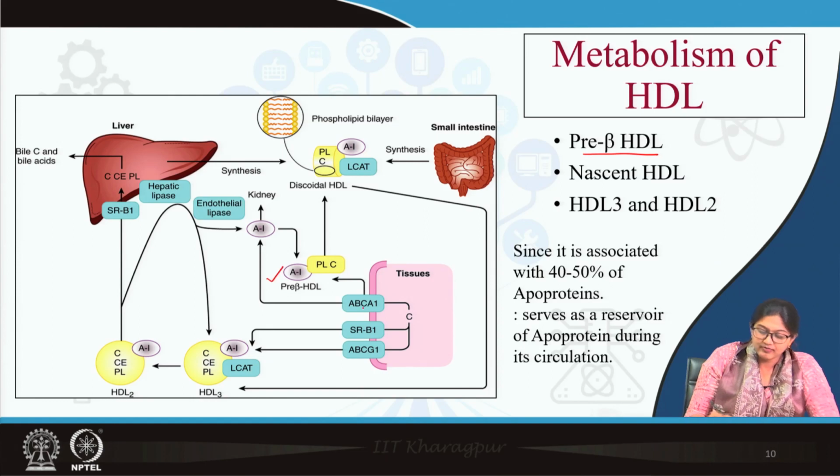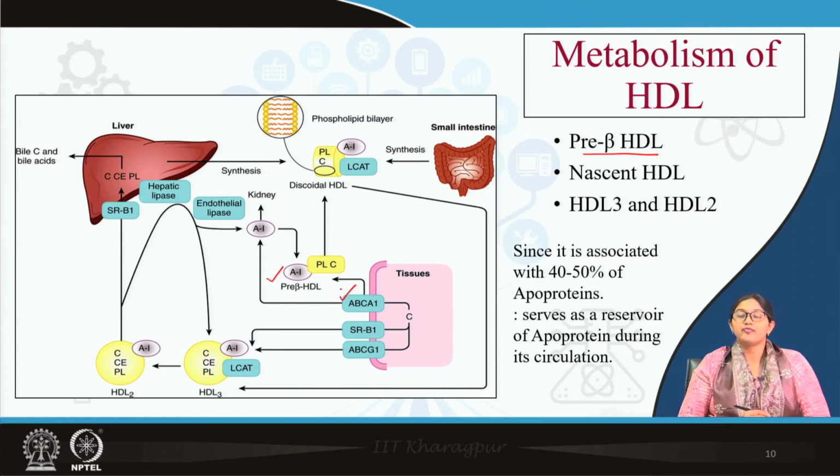You can see that pre-beta HDL takes up cholesterol from extrahepatic tissues through the receptor ABCA1. This is a type of transporter protein, ABCA1.